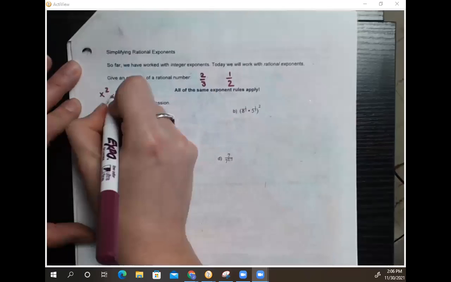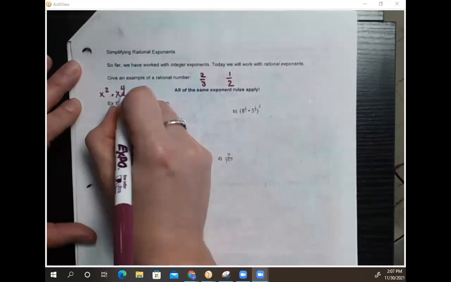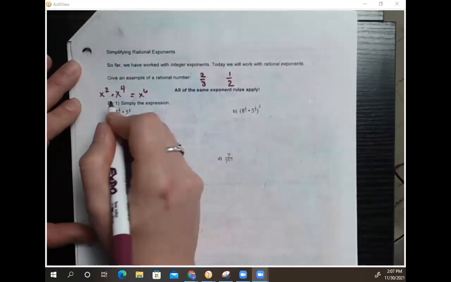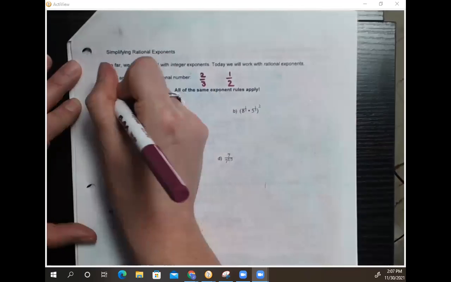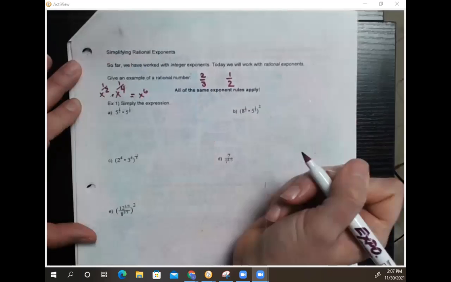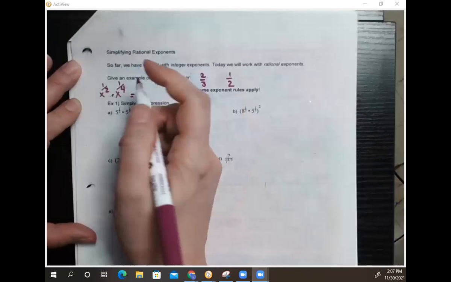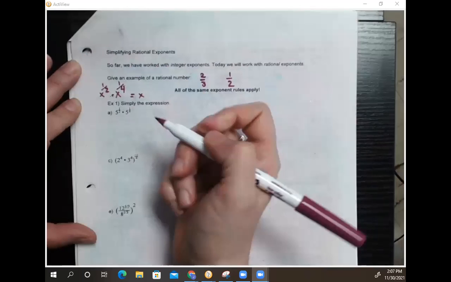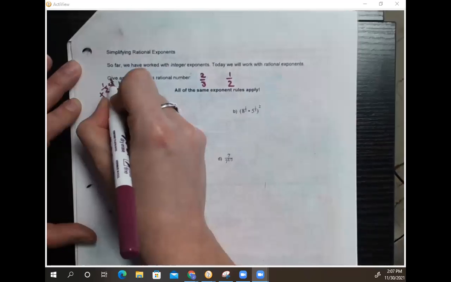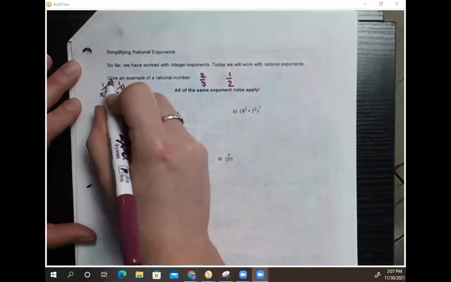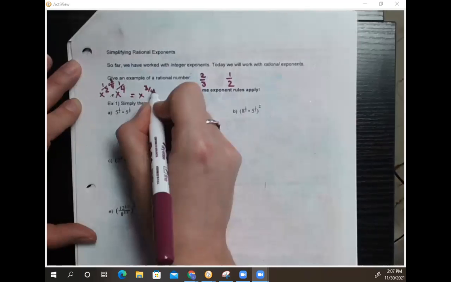So for a problem like this, we would combine by adding the exponents. We would do the same if it was x to the 1/2 and x to the 1/4. The difference is that we'd have to get a common denominator first. So 1/2 would be 2/4. So this would give me x to the 3/4.